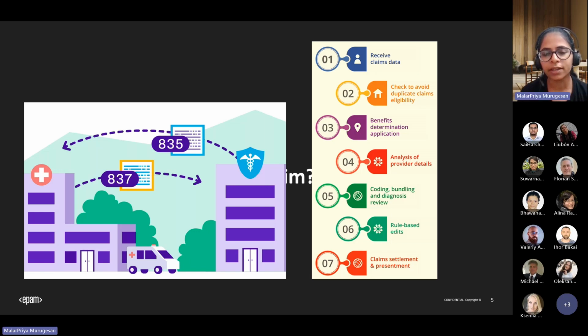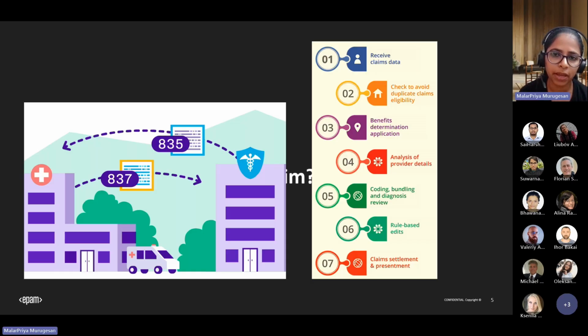And in return from the insurance company, they will get the remittance advice. But in what format? Again, in the X12 835 message format. That is what is required by HIPAA, and that is how you can remain compliant. So the request is 837, and finally you will get the remittance advice in 835 message format.